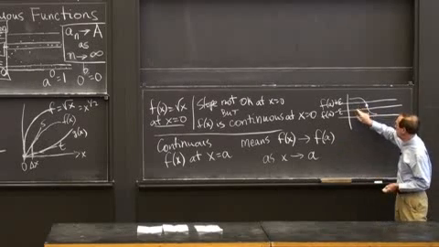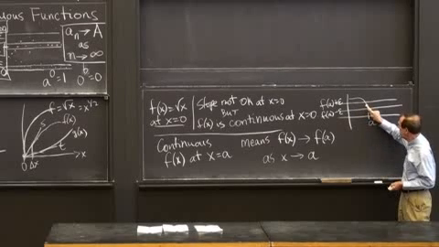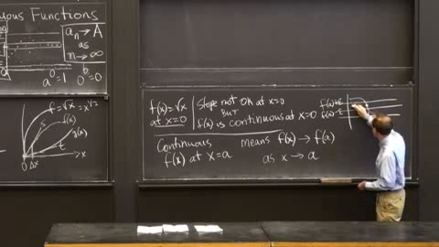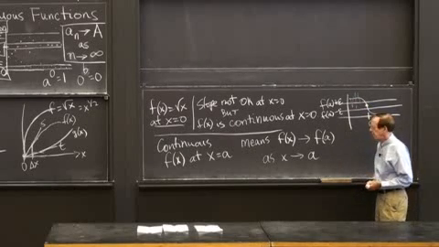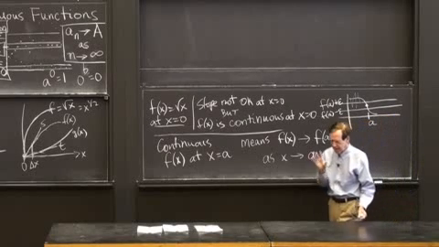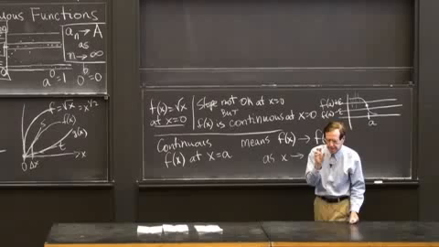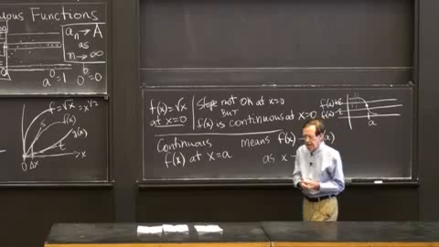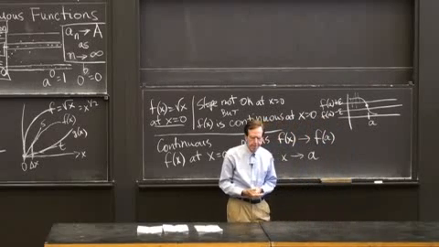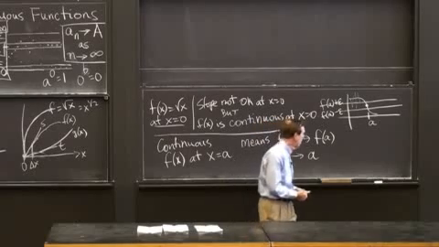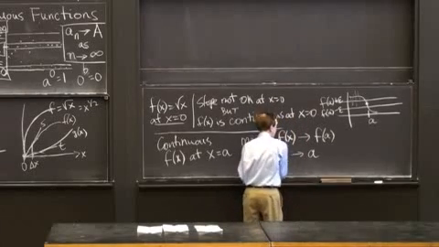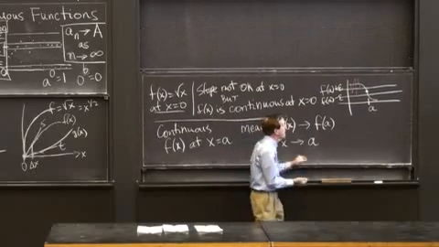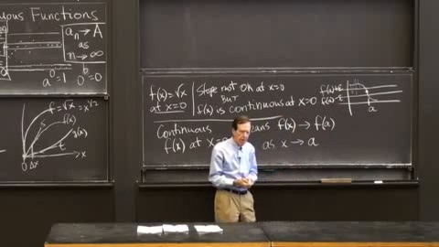Then the requirement is that it has to get near a, it has to get inside that band and stay there. It can bounce all over the place, but near the point it's got to get close. And now how do I express that in terms of epsilon? Okay, well, there's a famous description. What do I mean by get in there and stay in there?